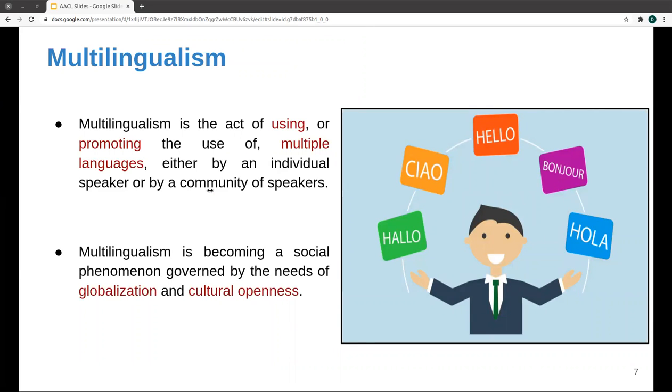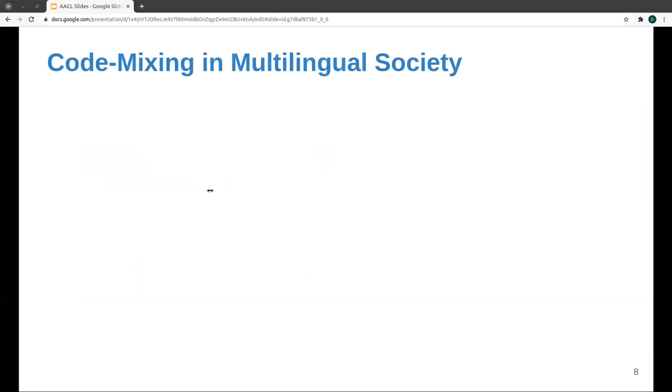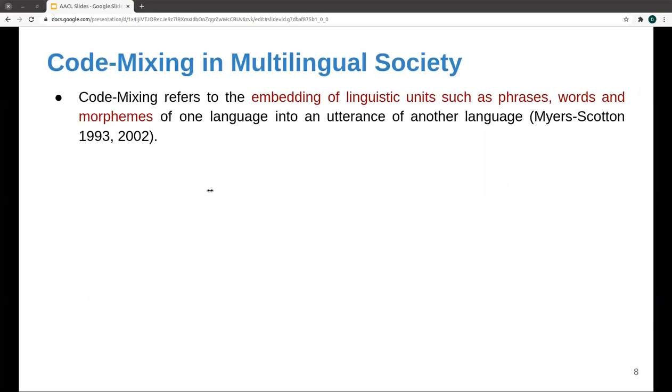Multilingualism is widely observed in various societies across the globe, specifically in communities where people tend to communicate in multiple languages, like India and Singapore. I will briefly define code mixing with an example here. Code mixing is another dimension of multilingualism where people mix scripts of multiple languages to express themselves.